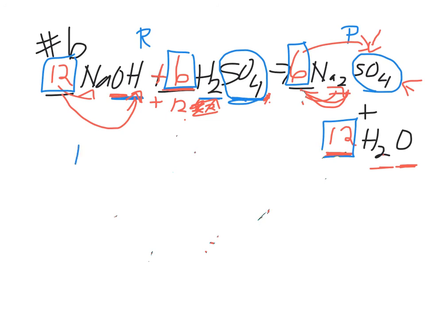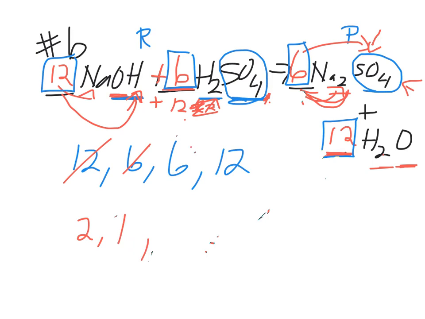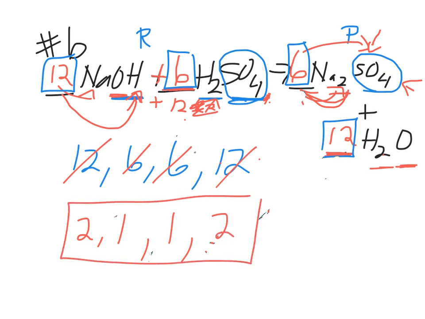So, if I have a 12, 6, 6, and a 12, what can I reduce by? I can divide everything by 6, right? 12 divided by 6 gives me 2. 6 divided by 6 gives me 1. 6 divided by 6 is 1. 12 divided by 6 is 2. These are my coefficients because I can no longer reduce them.